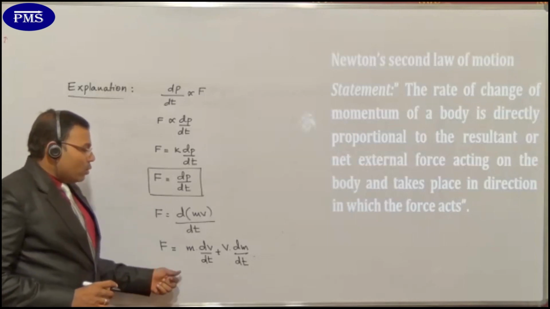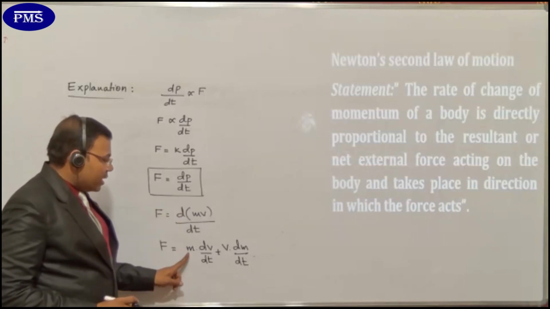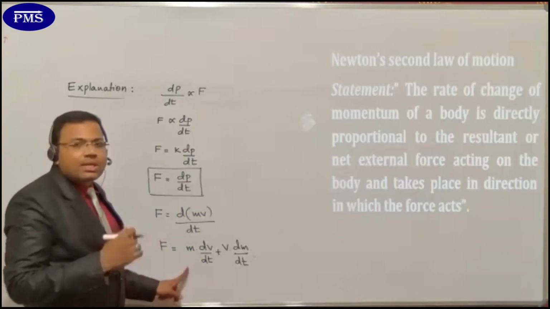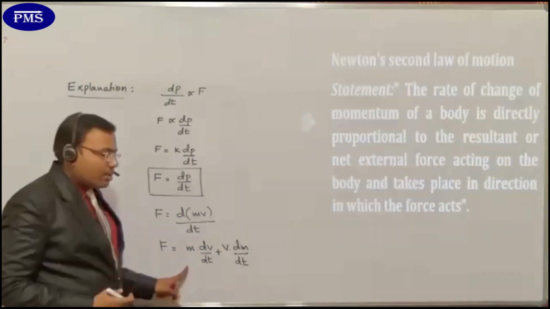Now, we have to consider the situation where mass is constant. Mass is constant means like a vehicle moving with a certain speed, where the speed is changing but the mass remains constant.